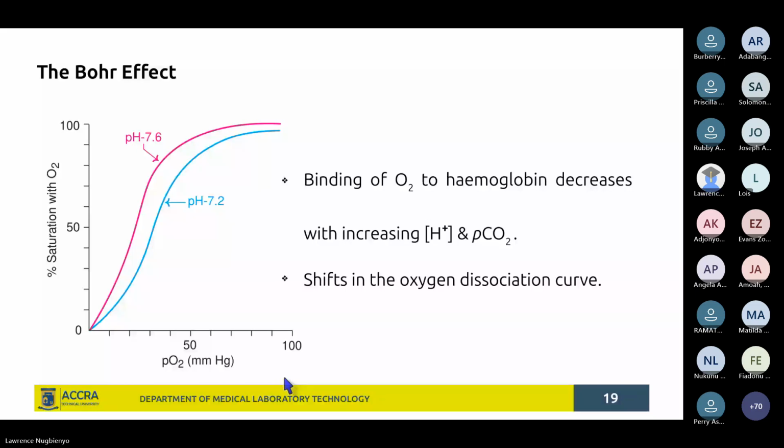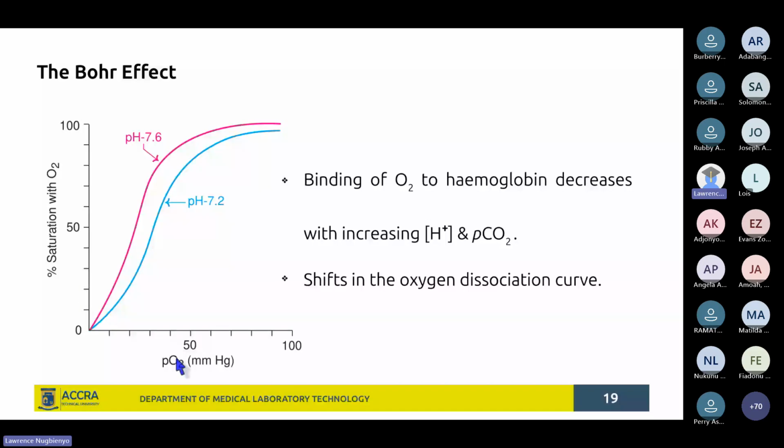Now, we can take a look at that effect of pH that we refer to, looking at the oxygen dissociation curve, what we refer to as the Bohr effect. We have seen this curve already with the dependence of saturation of hemoglobin on the partial pressure of oxygen.